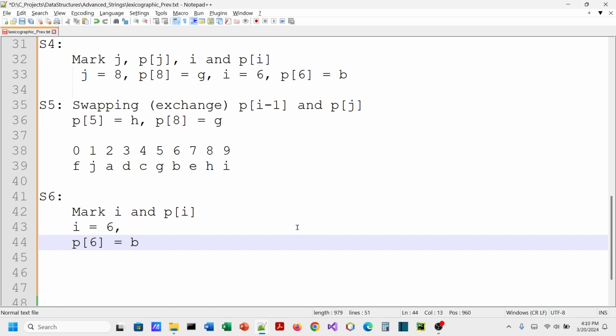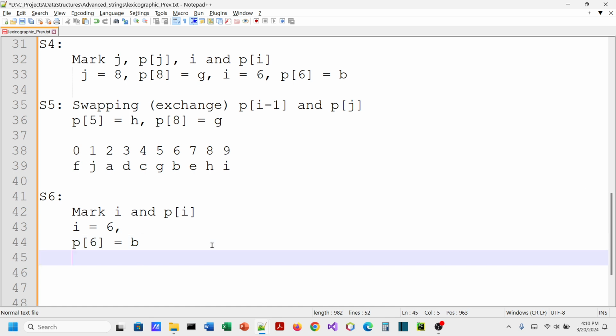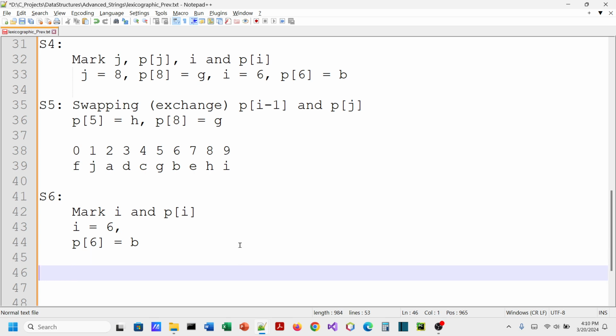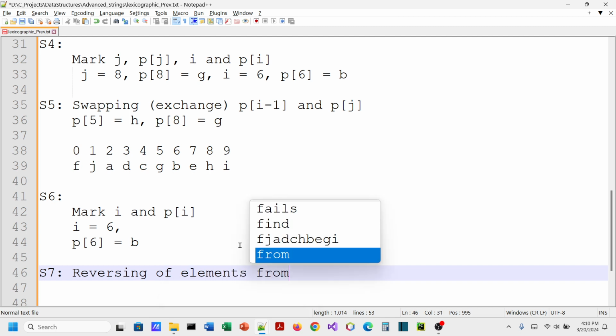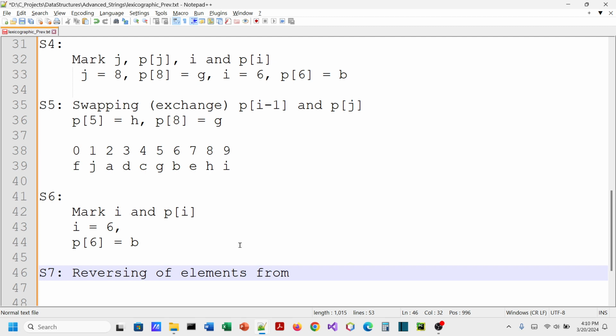Now comes the last step. We are almost done. What we are going to do now is reversing of elements from p of i till end.